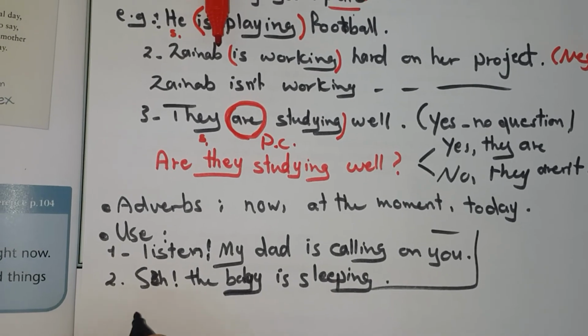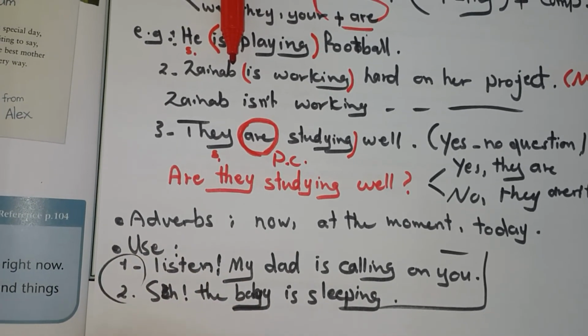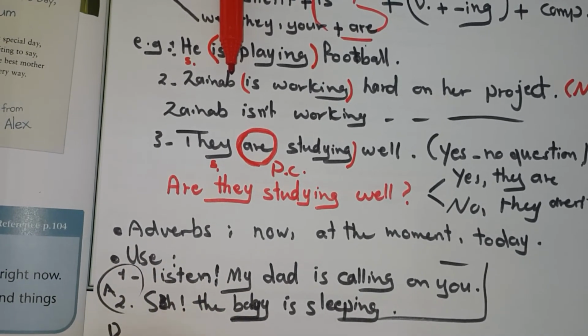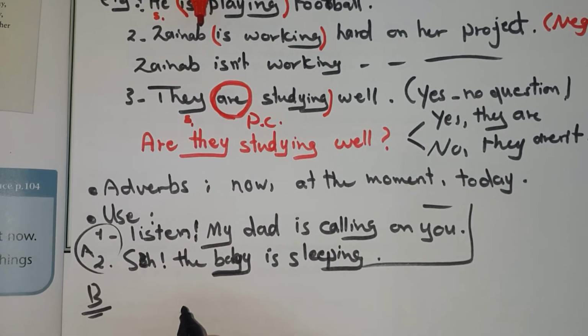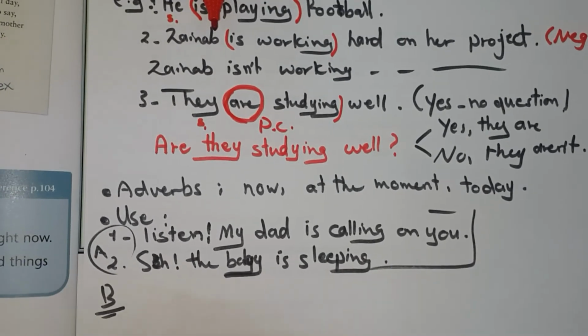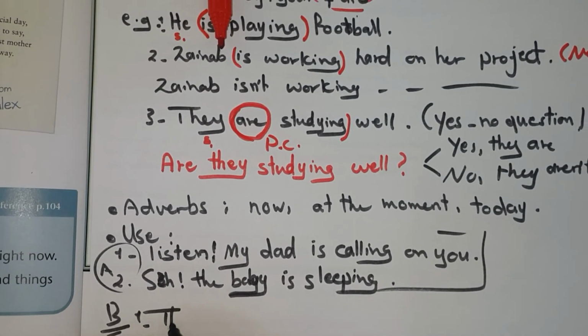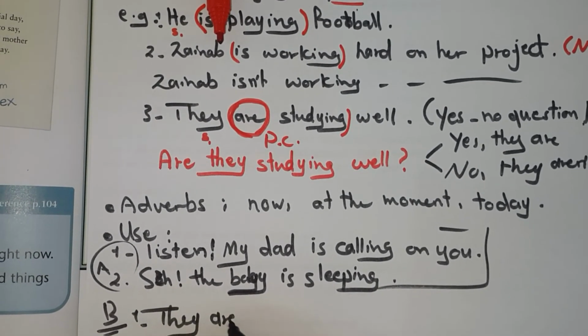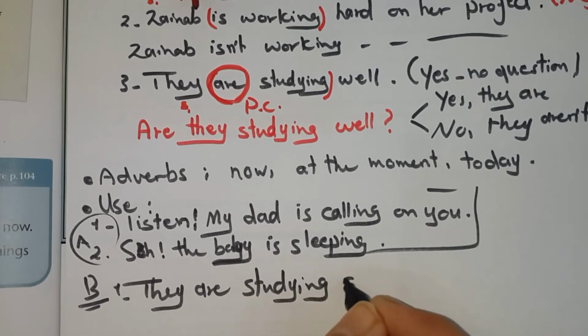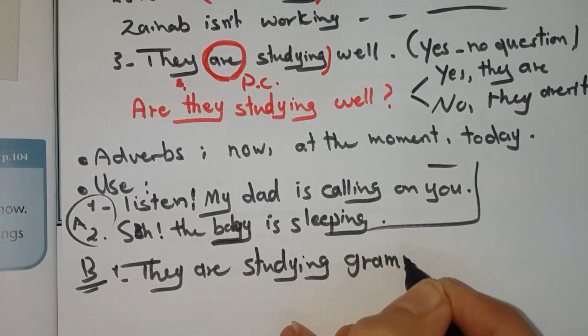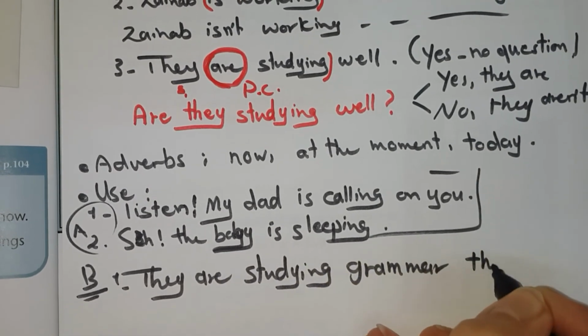The second usage is, this is A, B, to talk about things that are happening in the current period of time. How is that? For example, they are studying grammar this term.